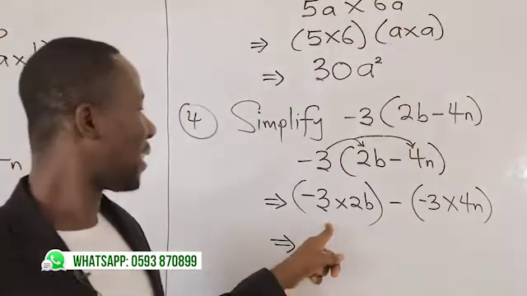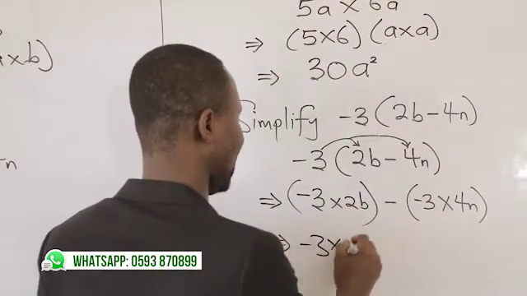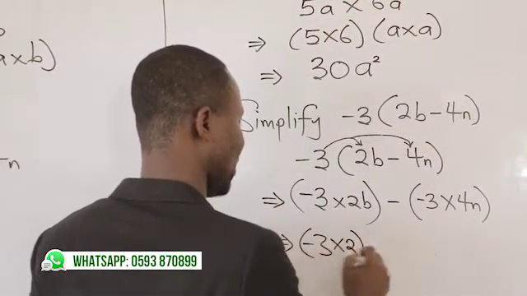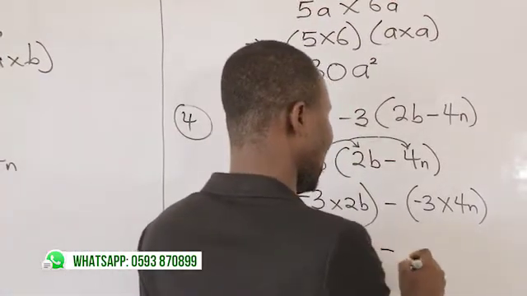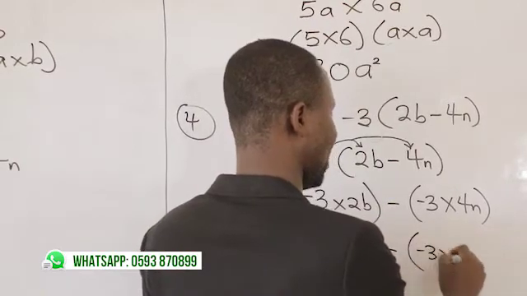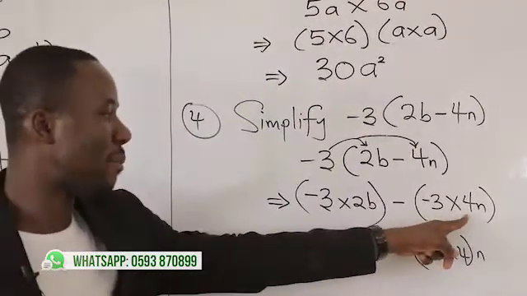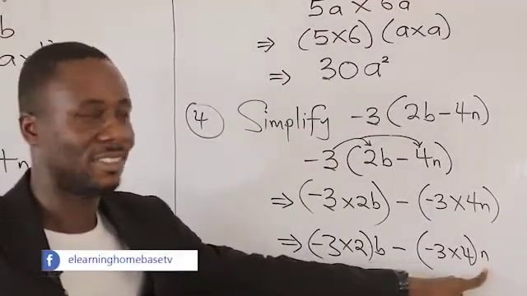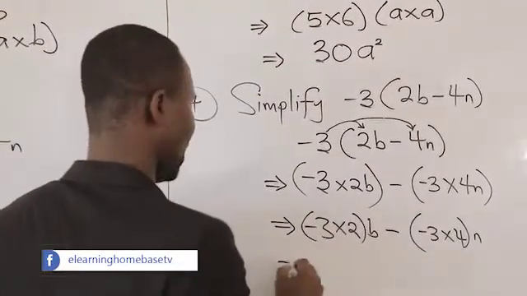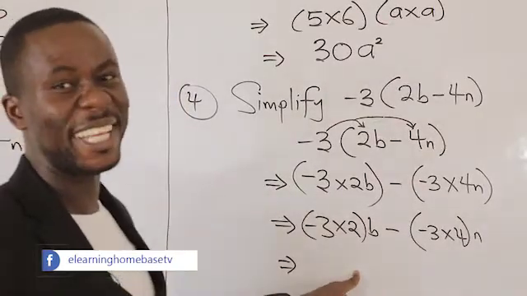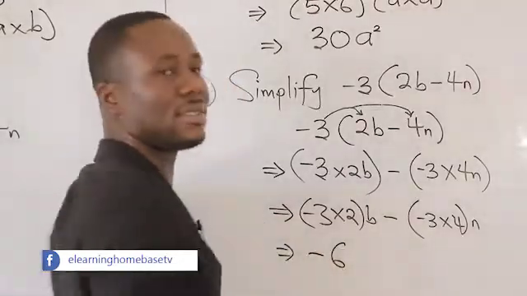Negative 3 times 2b, deal with the numbers. The same way, number by number. Negative 3 times 2 integers, that will give us a negative answer because a negative is multiplying a positive. So that will be negative 6.